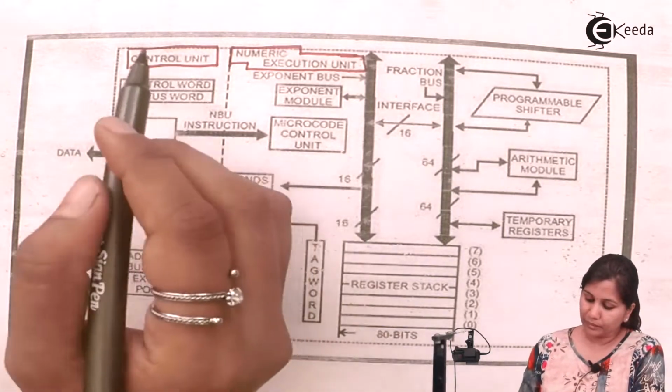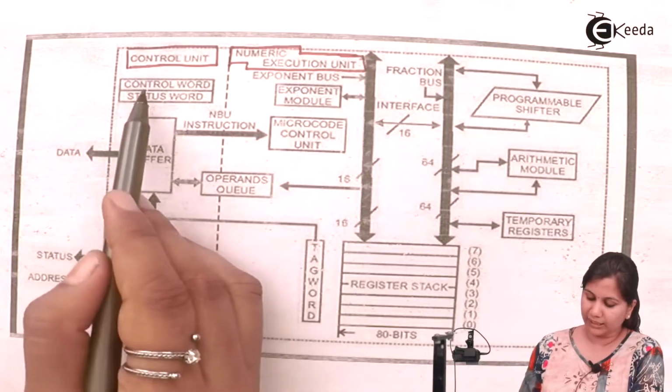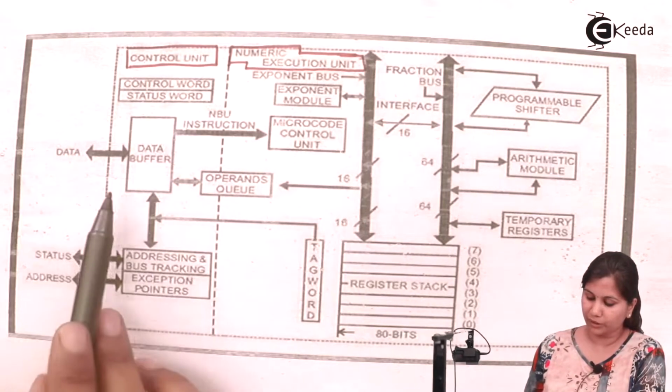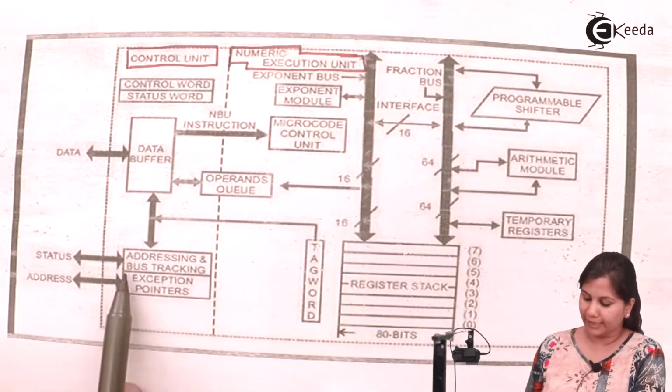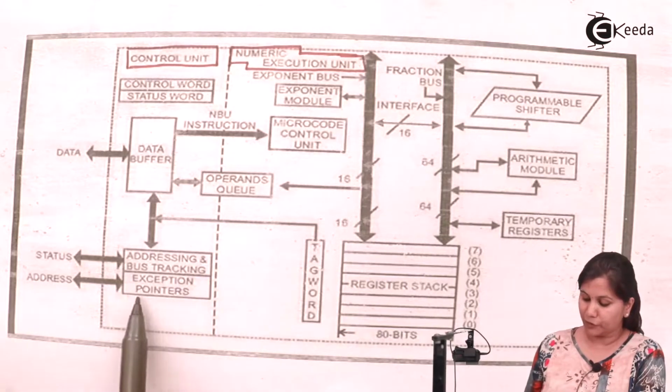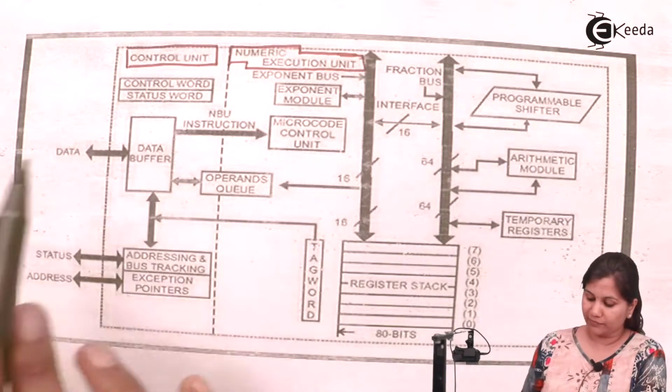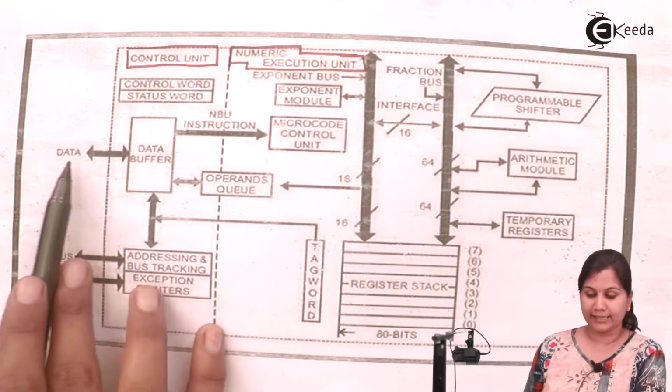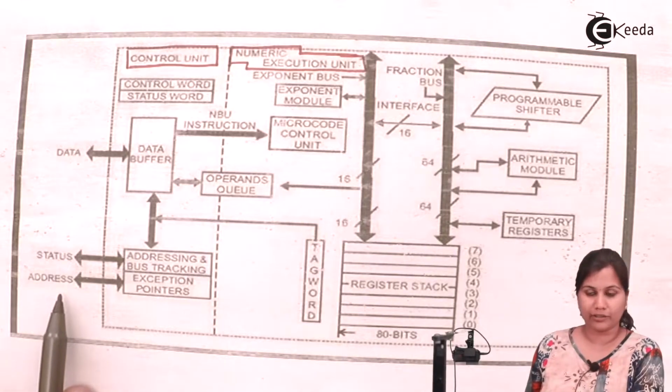Okay. Now in the control unit, you can see we have control word, status word, data buffer, addressing and bus tracking, exception pointers. To this are attached the data lines, the status lines and the address lines.